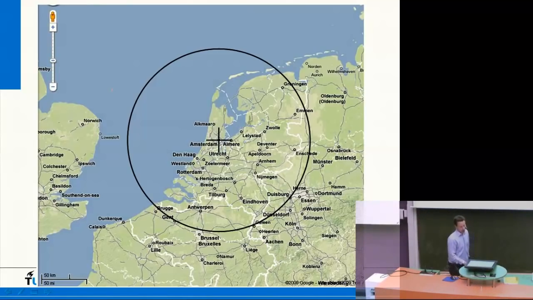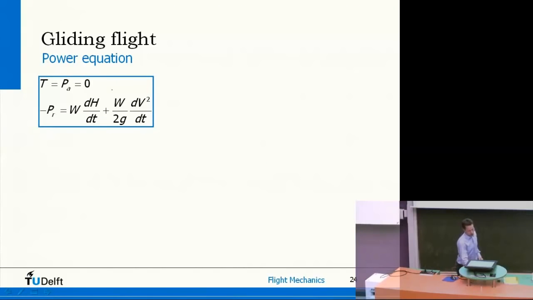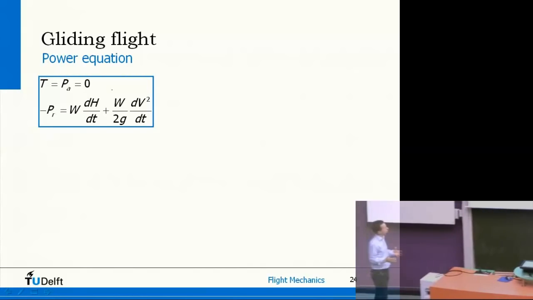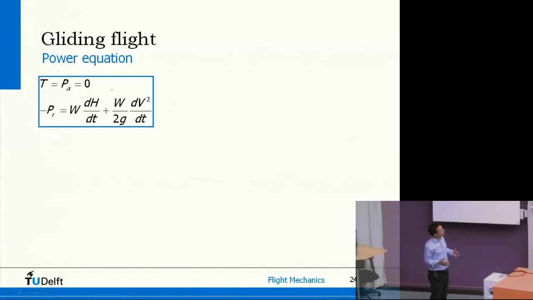So if I go back to the equation, then we basically had power available minus power required. And power available is equal to 0. So it says minus power required, so energy you're losing to overcome drag, is equal to the change of potential energy plus the change of kinetic energy.